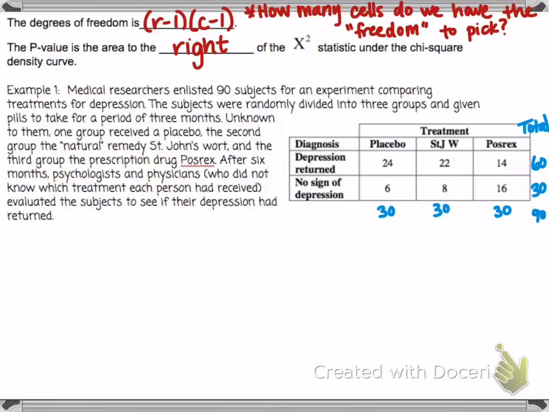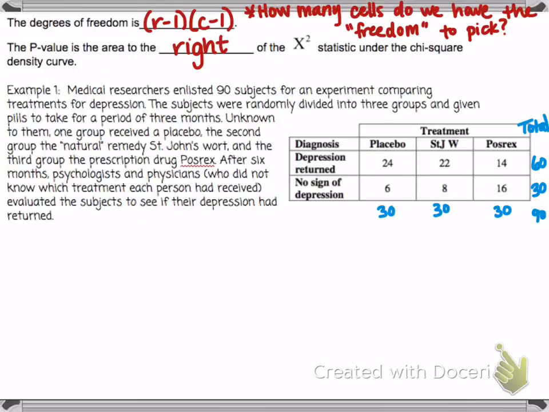And my null hypothesis, what we're assuming to be true, is that that proportion is equal for all 3 treatments. So that means that we would expect, with the null being true, that all of these would have 2/3 returning and 1/3 not returning. And so that's the assumption we run through.